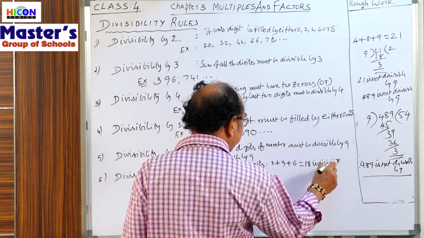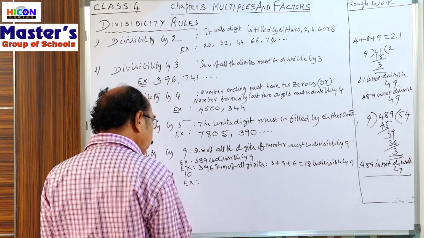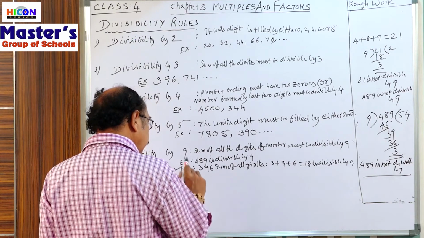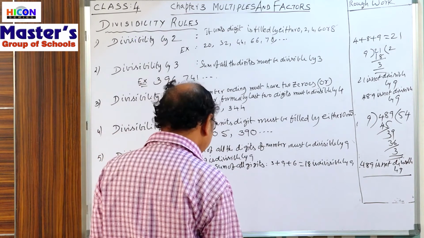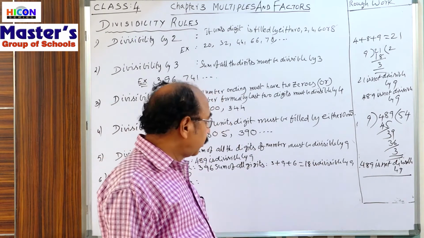So, 396 is divisible by 9, because here the sum of all the digits is divisible by 9.